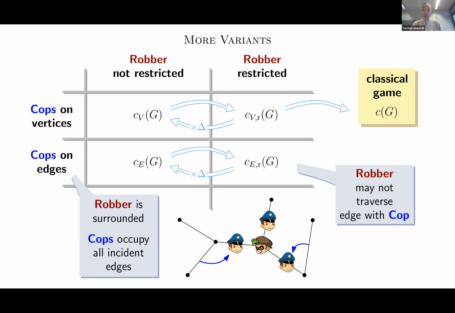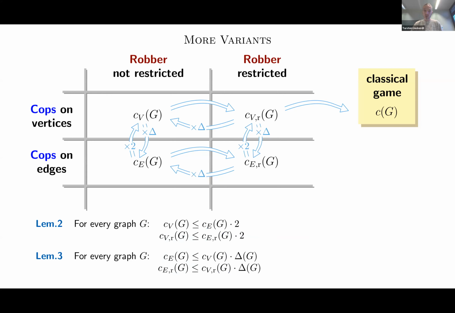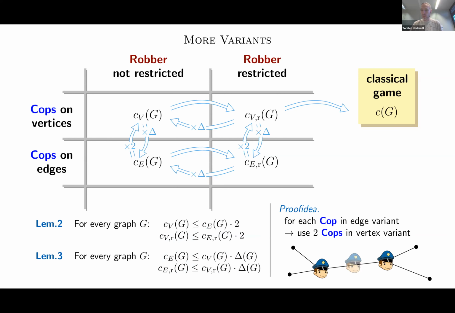You can also compare the vertex and the edge version with one another. So the first lemma tells you that when you go from the vertex version to the edge version, you basically have to pay at most a factor of 2. Let me just give you an idea that should sell it to you. So again, you want to find vertex cops given edge cops.